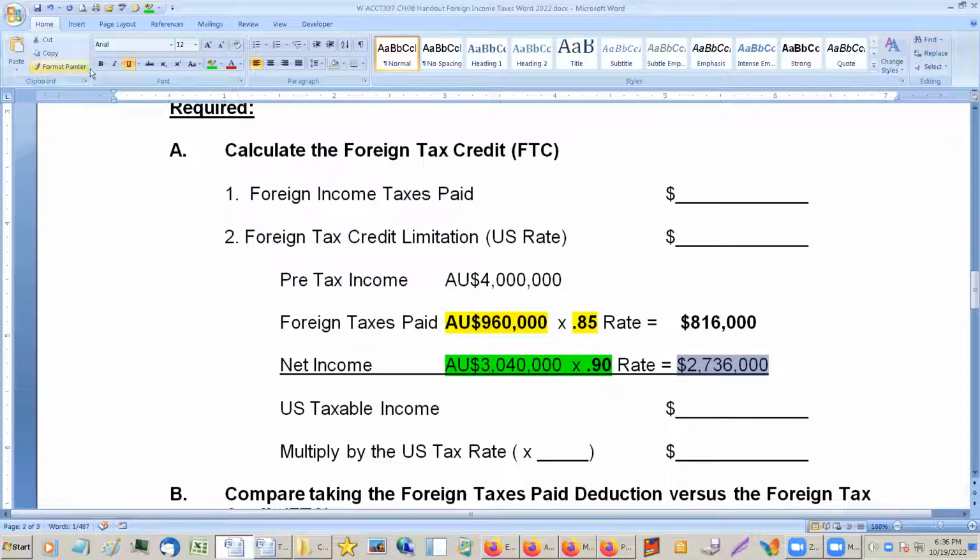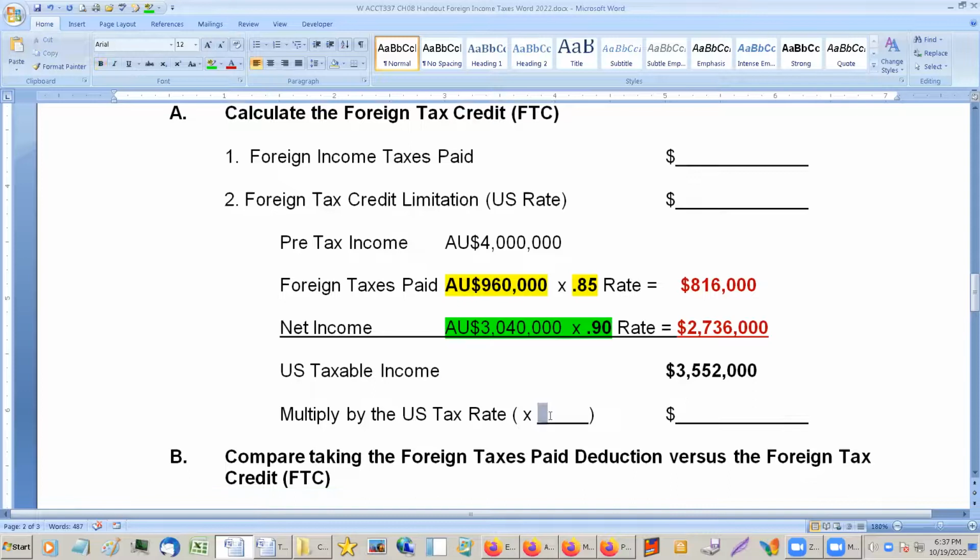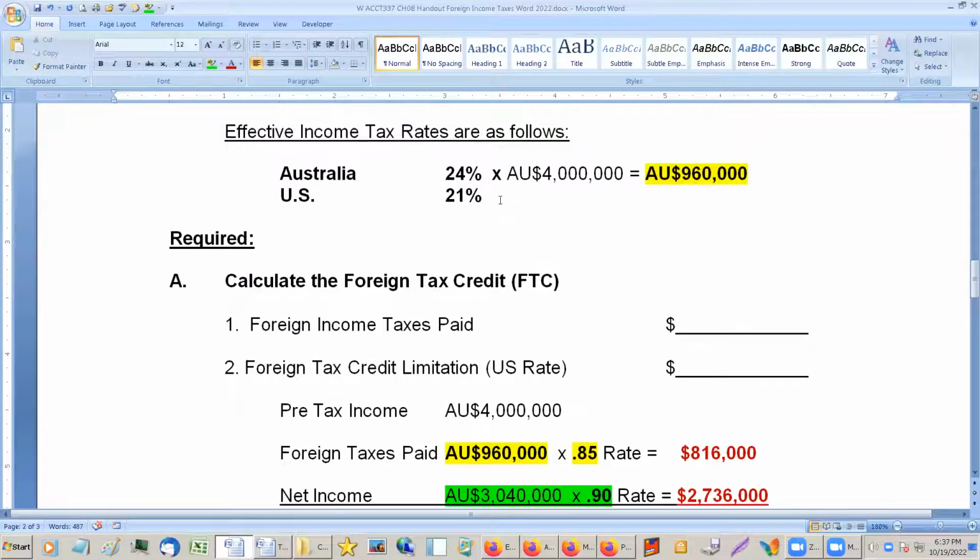We're going to add these two together. $3,000,000 thousand, multiplied by the US rate, which is 21%. You could also just plug it in up here.